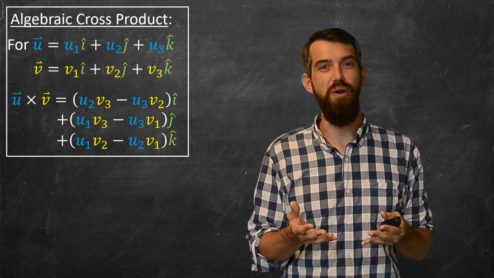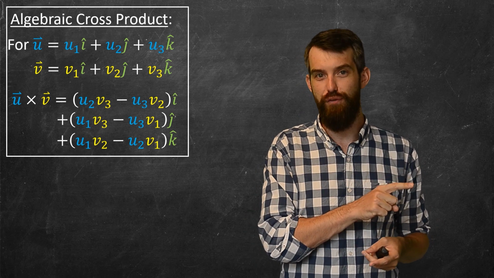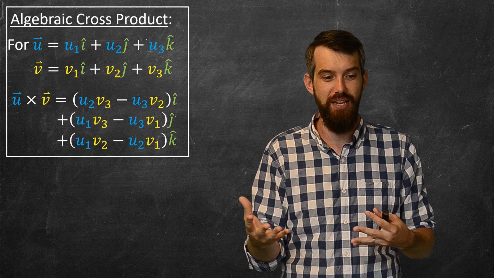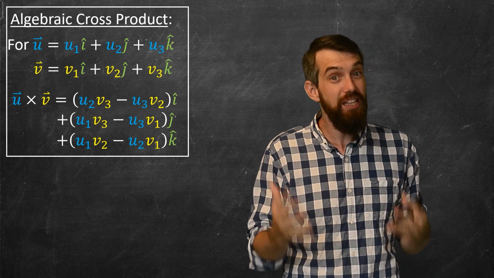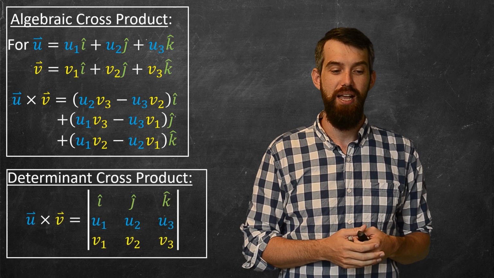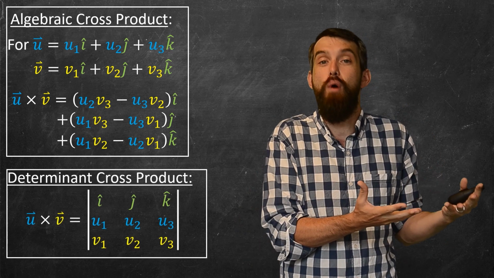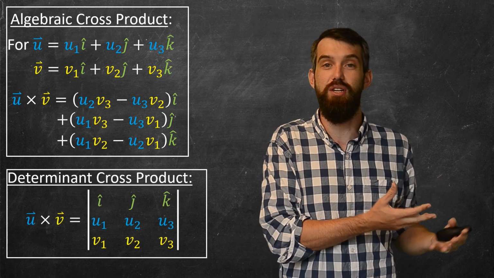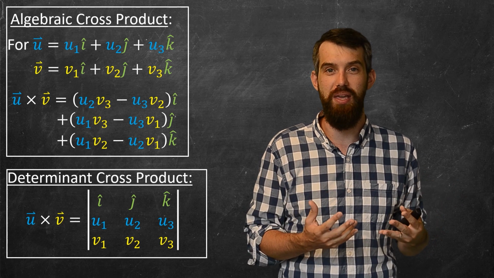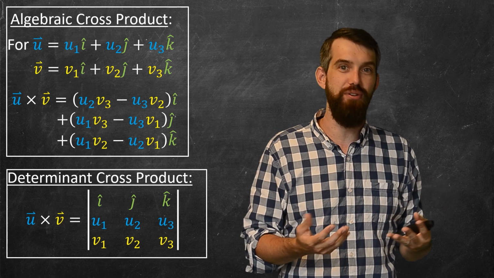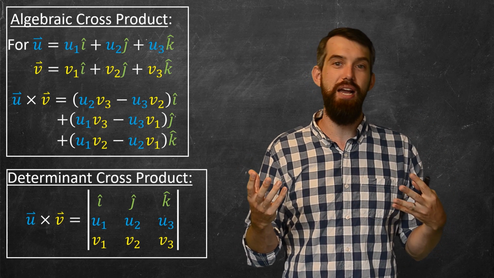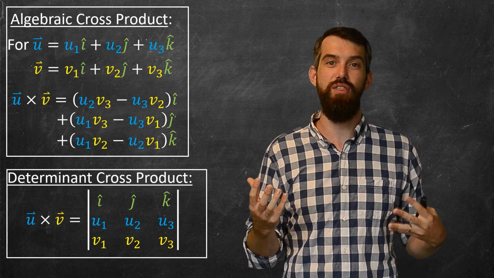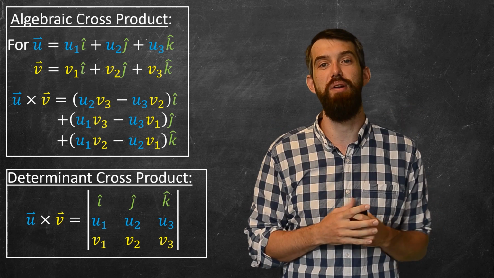And then the final thing I'll note is that if you've seen linear algebra before, if you've seen the idea of a determinant, this messy formula that I don't really like, well, you can clean it up a little bit with a determinant. The determinant form of the cross product is that the cross product of u and v is just going to be, in the top row of your matrix, you write i, j, k, then u1, u2, u3 in the next row, and v1, v2, v3 in the final row, and then you take the determinant of that.